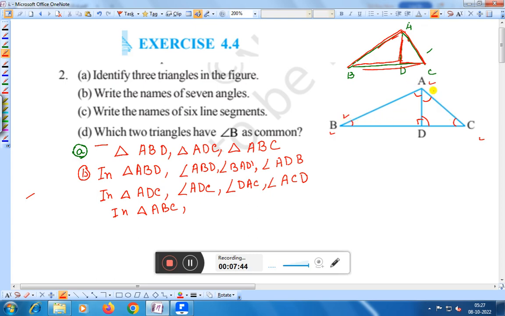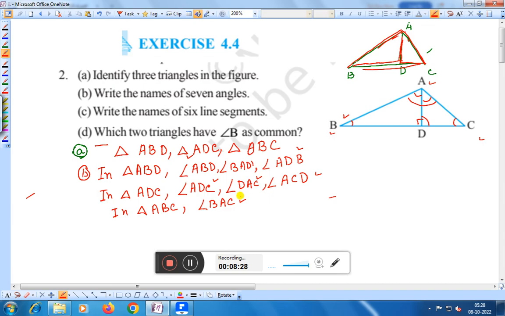Here, this angle we have got, that is ACD or ACB, the same angle, but we have not taken this angle, the bigger one. Therefore, we will take that angle BAC. Here you see there are seven angles: one, two, three, 4, 5, 6 and 7.